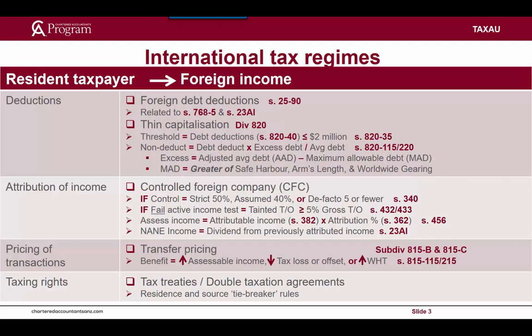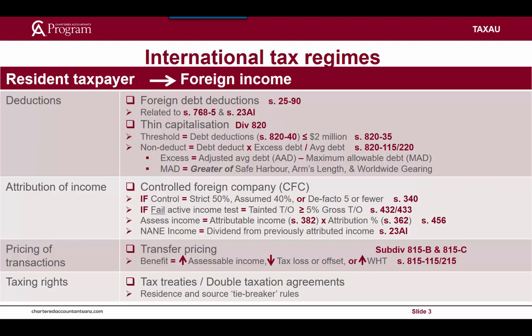Where a taxpayer has either inward or outward investment, the thin capitalisation rules can apply to limit the amount of debt deductions the taxpayer is entitled to claim. The thin capitalisation rules are only applicable when debt deductions, for example interest, equal or exceed $2 million under Section 820-35 and where there is excess debt.